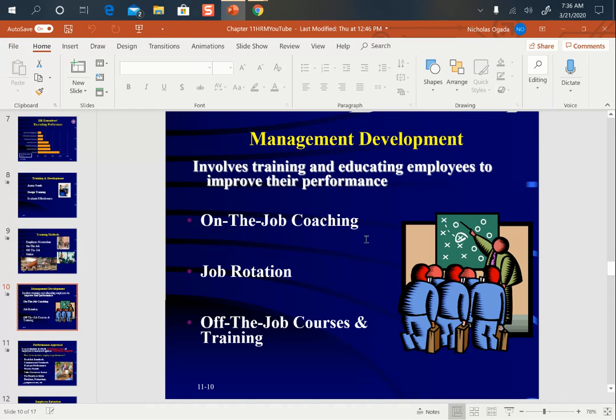Companies use coaching or use mentors. Some companies use job rotation. They move you from one department to another. So this week you work in marketing. Next week maybe they move you to go work in accounting. Maybe next week you go work in engineering. So the point is you rotate the employees to different departments. The good thing about this is as an employee you are able to acquire a diverse skill set.